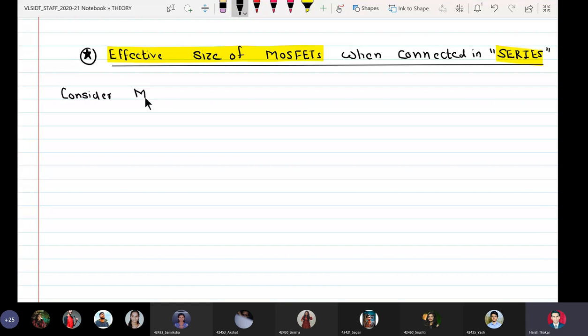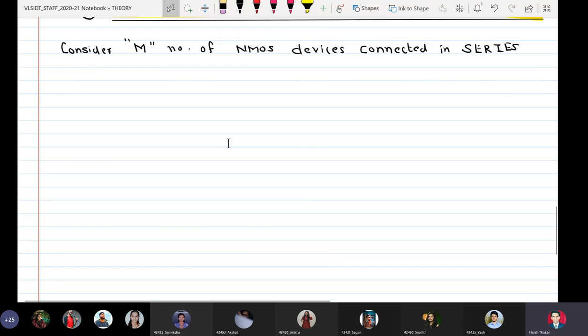Consider M number of NMOS devices connected in series, as shown.